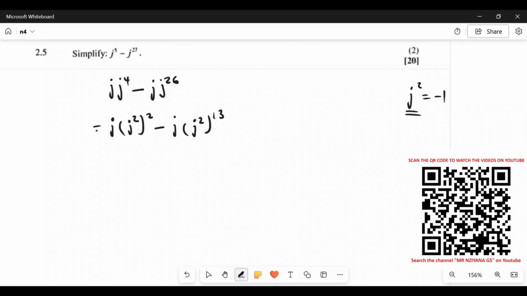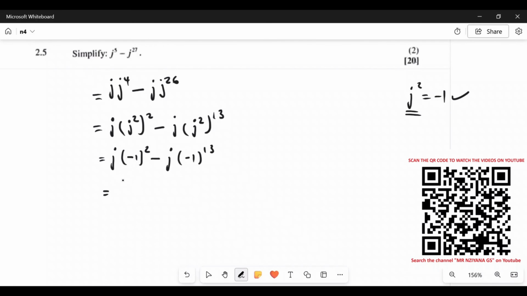Now let's continue. If we continue here, we're going to have this J first, and then remember, J squared is the same as -1. Remember, I showed you here. So we write -1 there, and we square it, minus, right? And we have this J there, and then this J squared is going to be -1 to the power of 13, right? So if you say -1 squared, remember, put it inside the bracket.